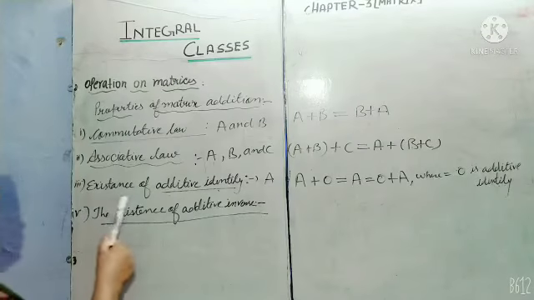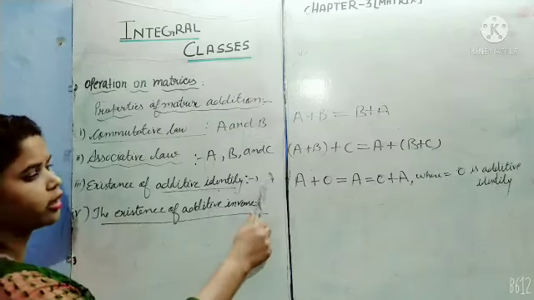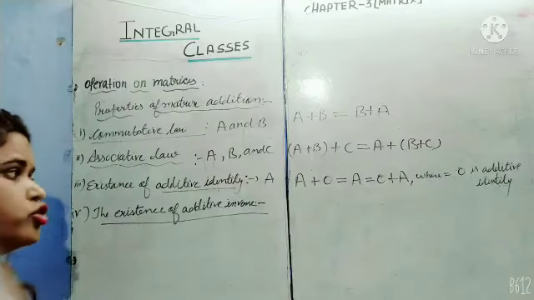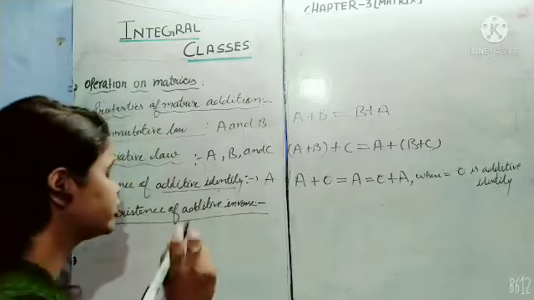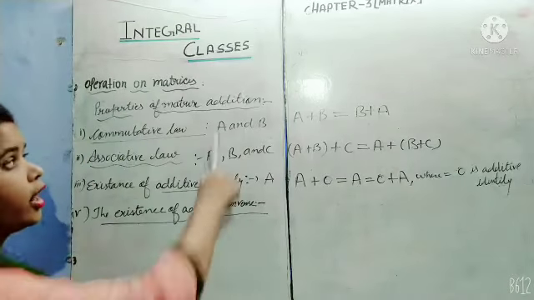Next is existence of additive identity. We will consider here A is a matrix and we add 0. We know that student, 0 is the additive identity for addition.